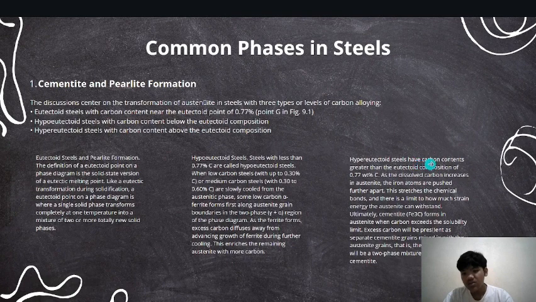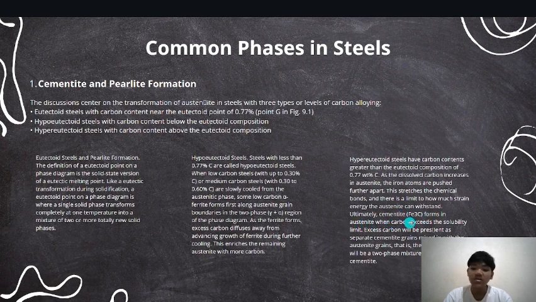Hypereutectoid steels have carbon contents greater than the eutectoid composition of 0.77% C. As the dissolved carbon increases in the austenite, the iron atoms are pushed further apart. These strains the chemical bonds, and there is a limit to how much strain energy the austenite can withstand.